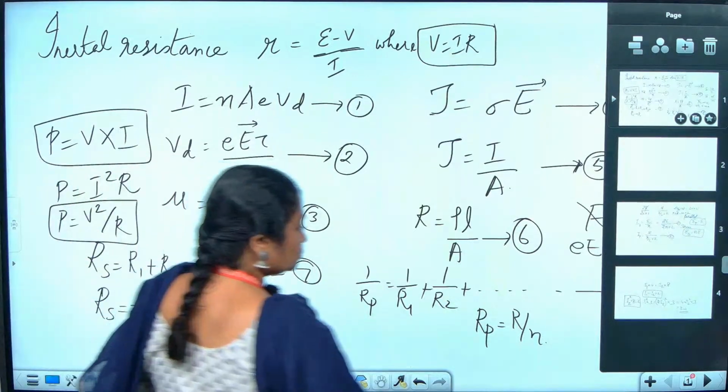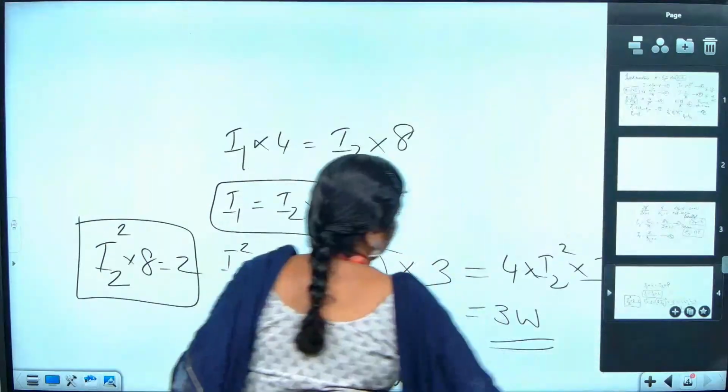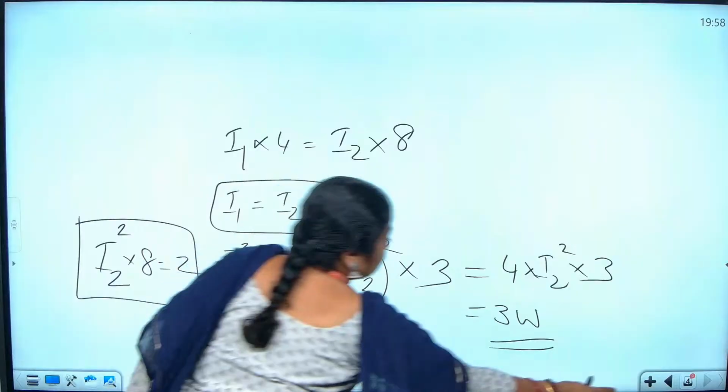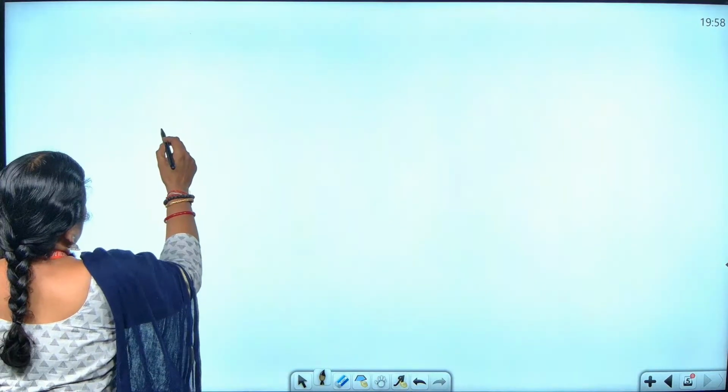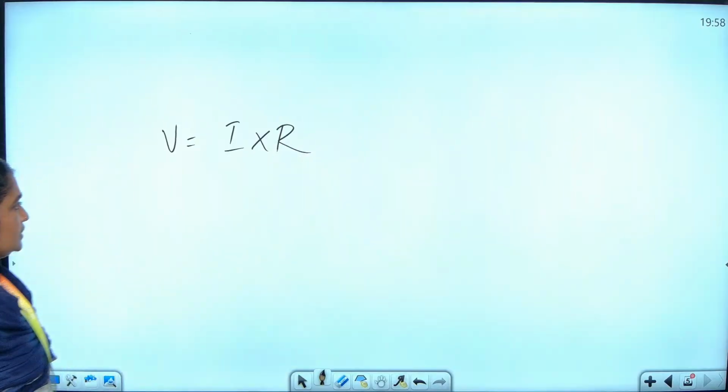V is equal to I into capital R. How will we get I? V is equal to I into the external resistance.